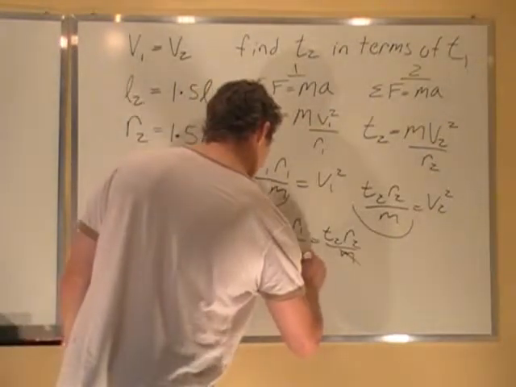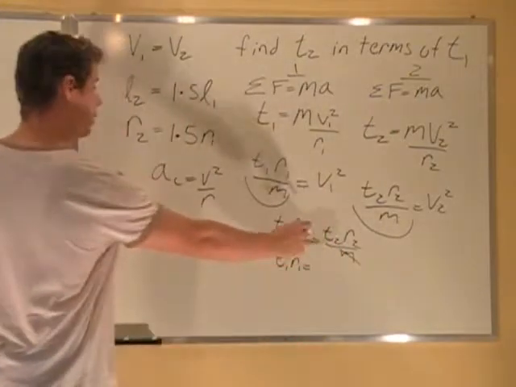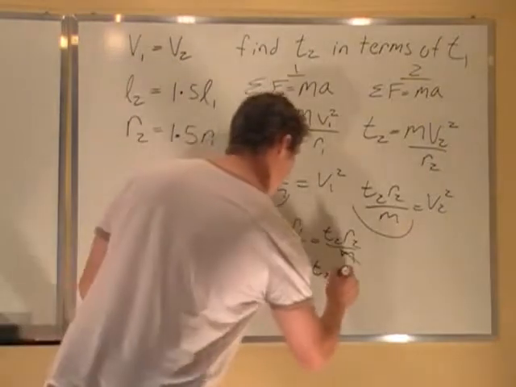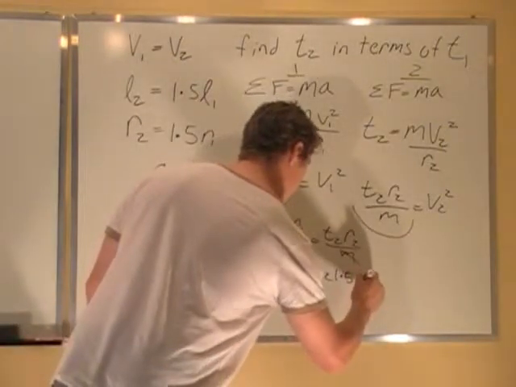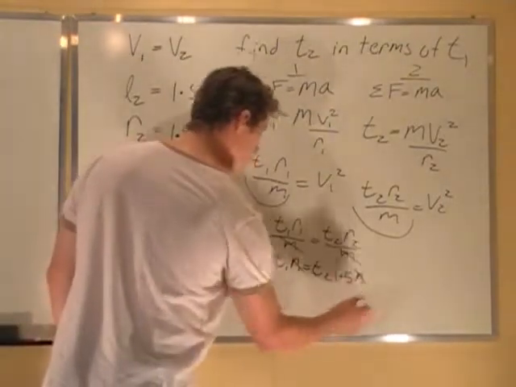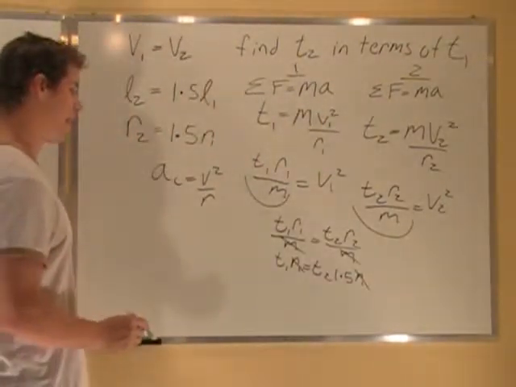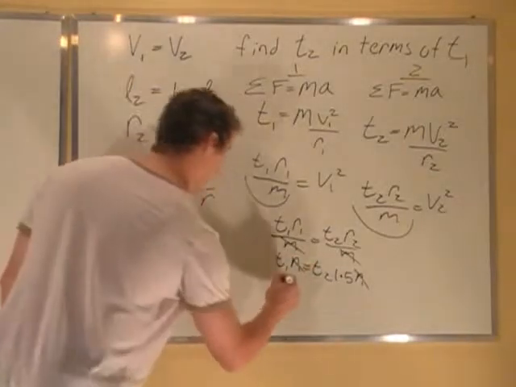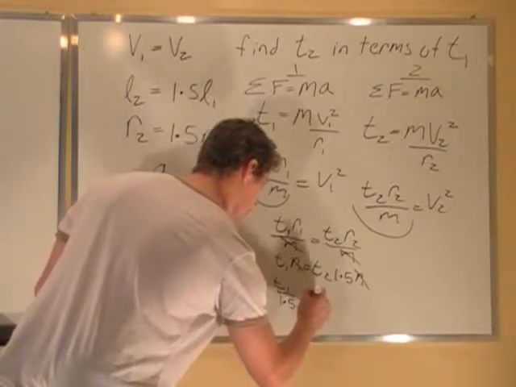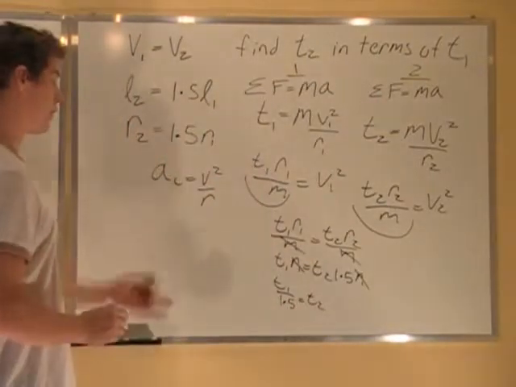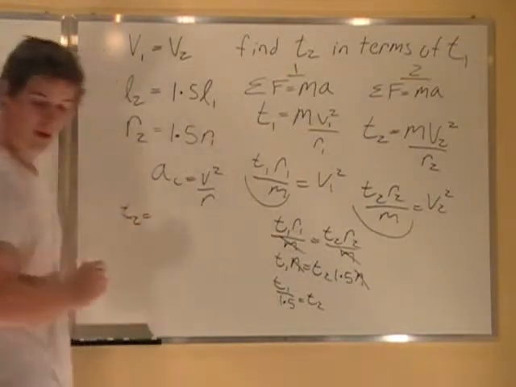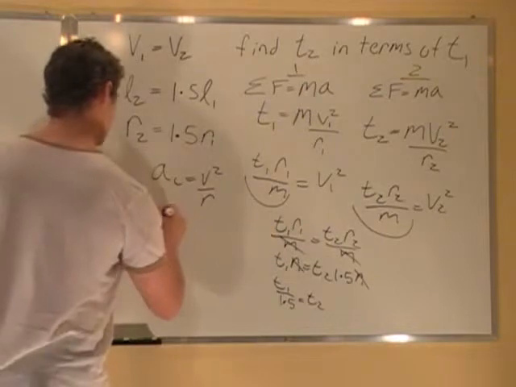So T1 r1 equals T2 times 1.5 r1. Now we see that we can divide both sides by r1, and that'll cancel. And we will divide by 1.5, so T1 over 1.5 is equal to T2. So now we have T2 in terms of T1. T2 equals T1 divided by 1.5.